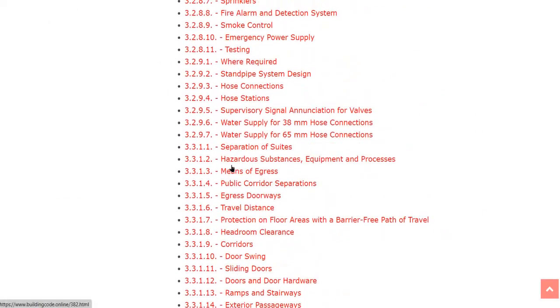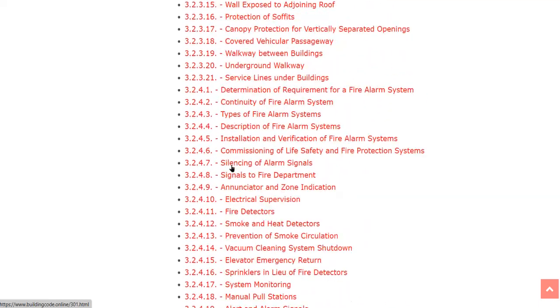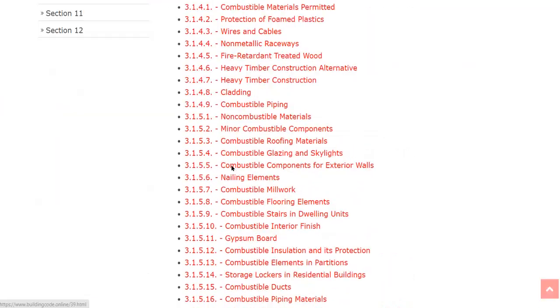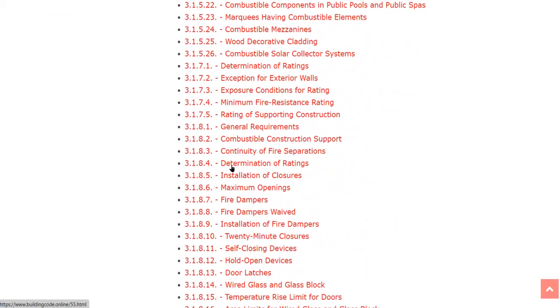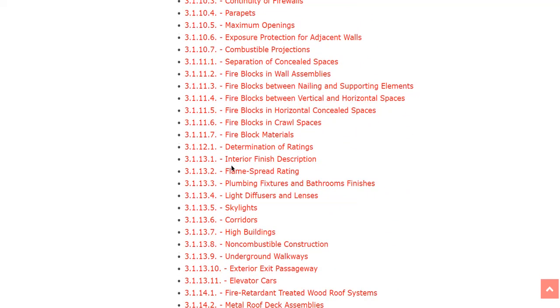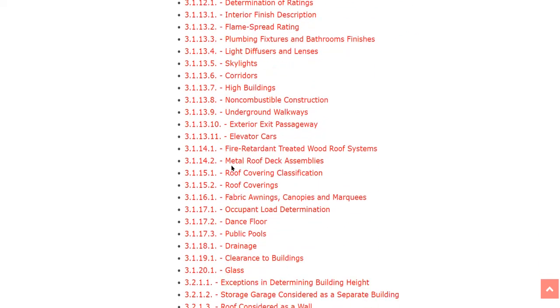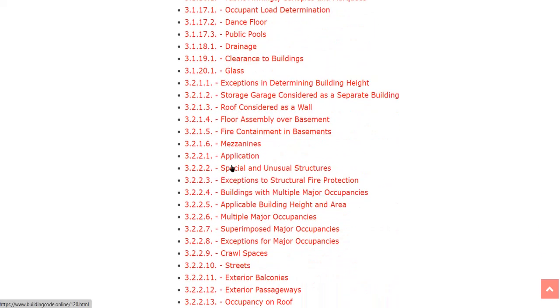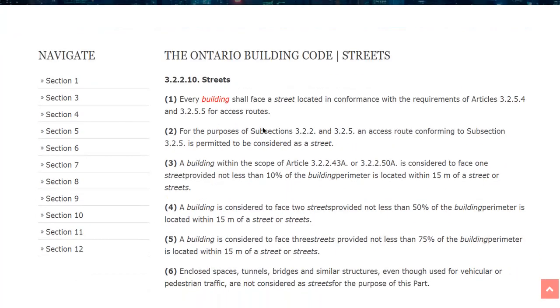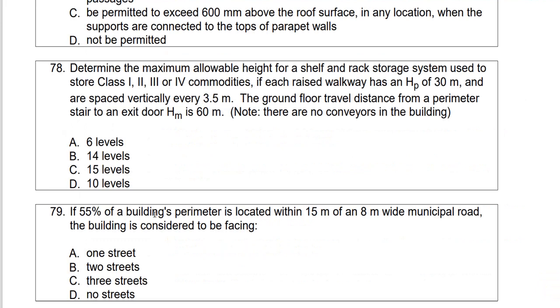So it's about 3 point, I think it should be 1 point something. 3.2.2.10. It says number one, 55% of the building perimeter, and it's located 50 meters to 8 meters.